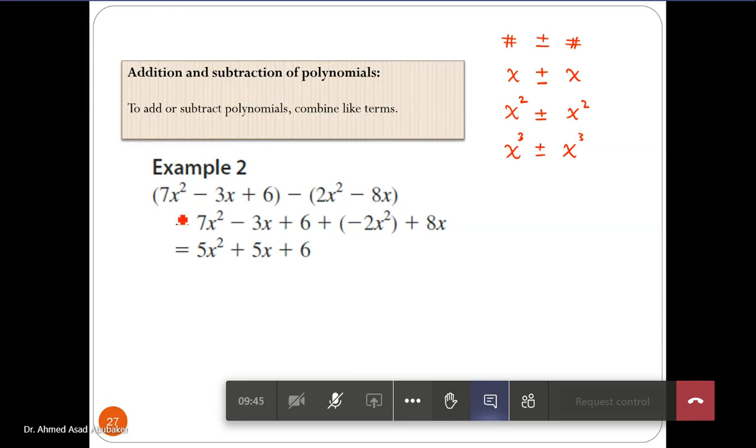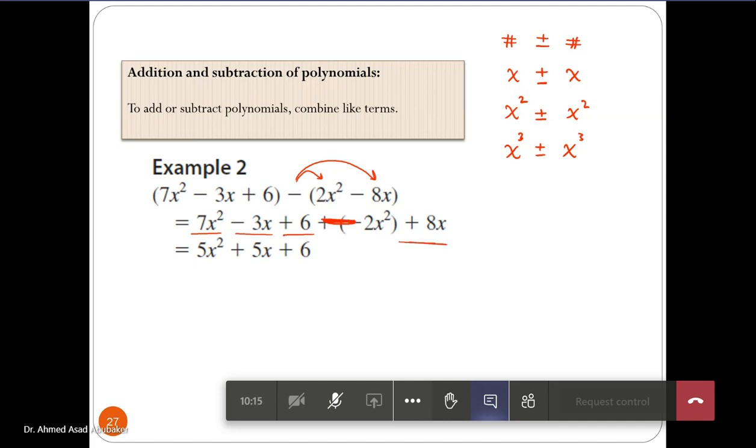Notice here we put 7x squared negative plus 6. We have a negative sign, so we must multiply each term in the brackets by negative. Positive with negative gives negative here. And negative with negative gives positive 8x.